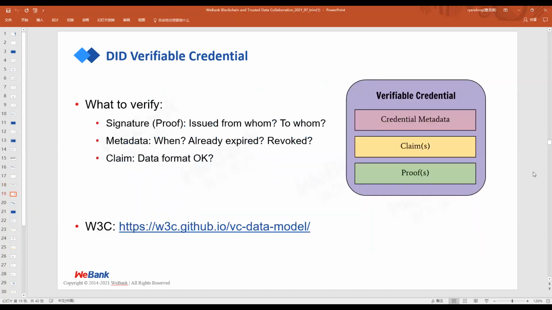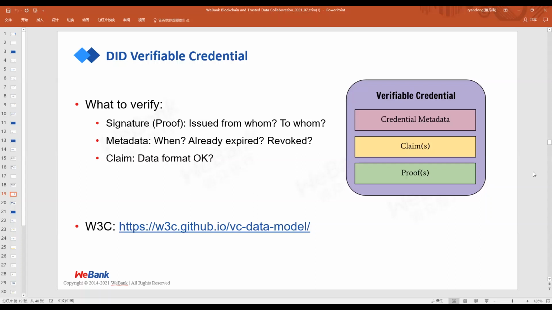Also, one interesting thing about DID is that it's not just signature verification. In a credential, we are not just signing plain text data and having other people verify the signature. This is a more traditional PKI system, right?